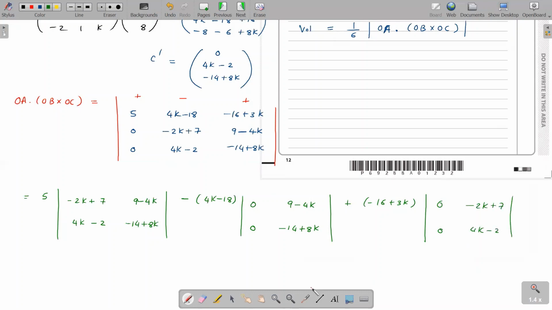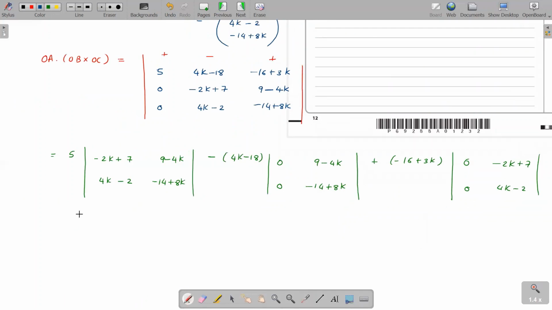The moment you write these two matrices, you can see the determinant is giving you 0, right? When you multiply, can you see? So you don't need to suffer with every one, only the first one. When you multiply, you get minus 2k plus 7 times minus 14 plus 8k, minus 4k minus 2 with 9 minus 4k.